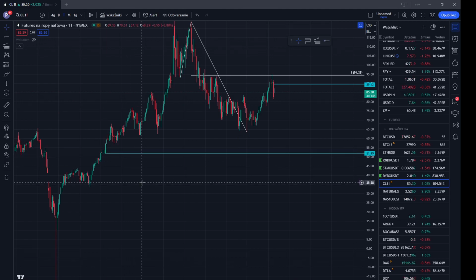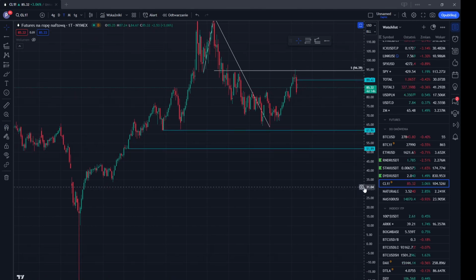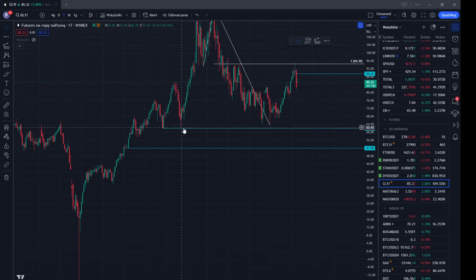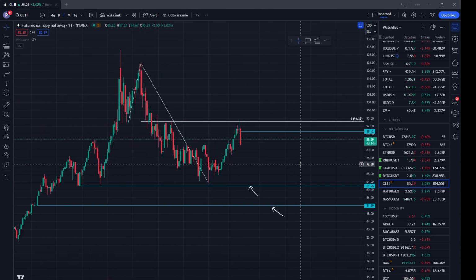So these levels here, I think round about $50 is good. There's also some support here, I see, 61, and that's pretty much it, I guess. So first target would be this level here, second target would be here. That's my opinion.